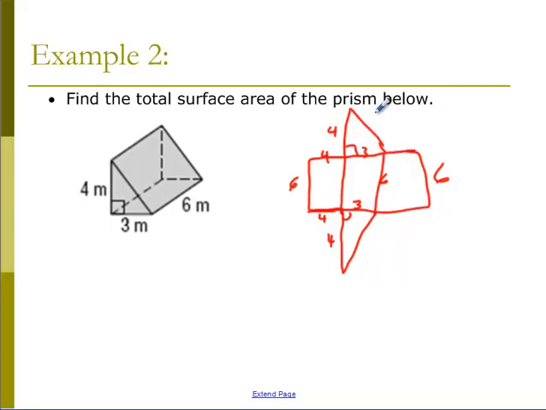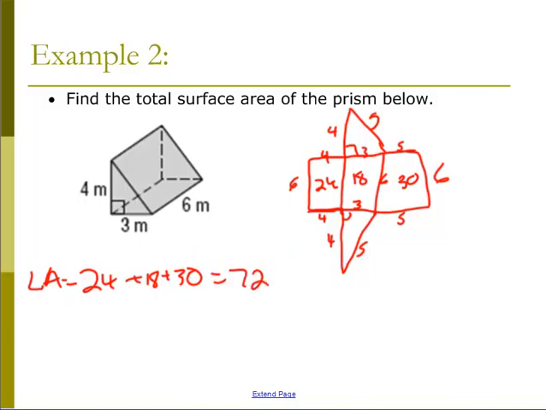And 3, 4, the hypotenuse of the triangle is 5, so this side here is a 5. So for my lateral area, I'm going to take the 3 rectangles, add them together. 24 is 6 times 4, 6 times 3 is 18, and then 6 times 5 is 30. So when I add all those up, 30 plus 18 plus 24, I get that the lateral area is 72.